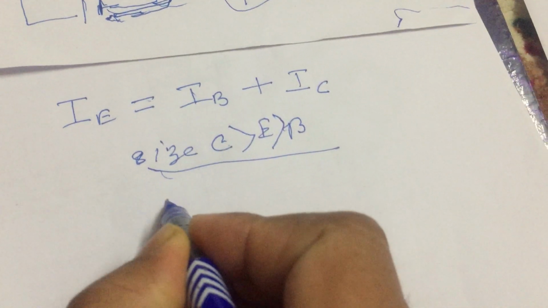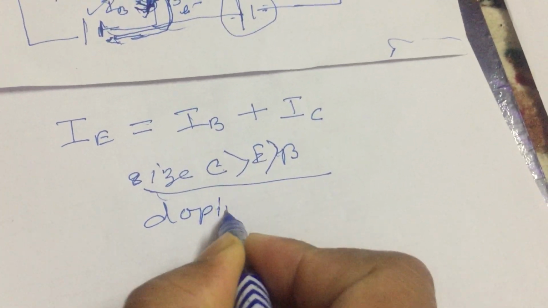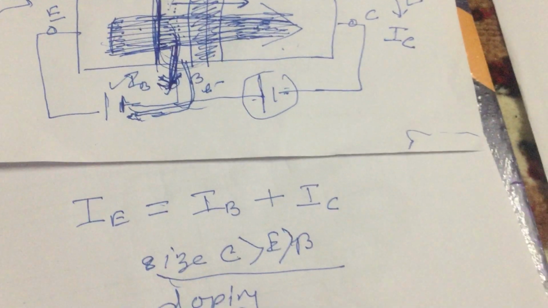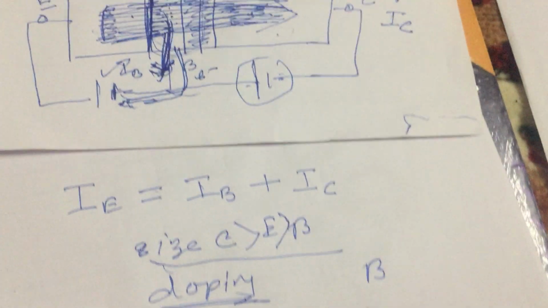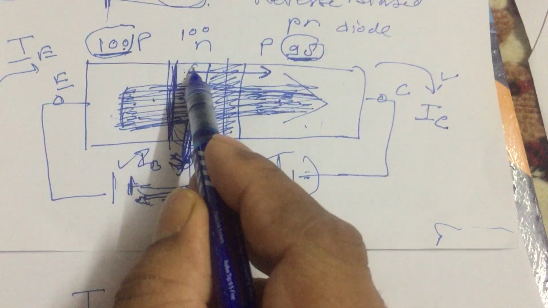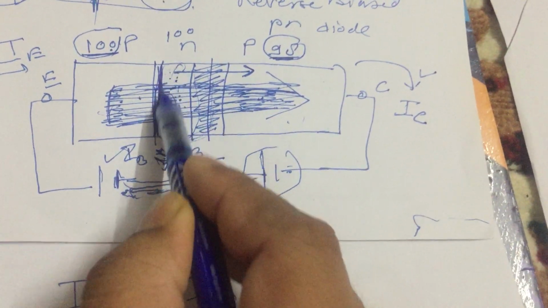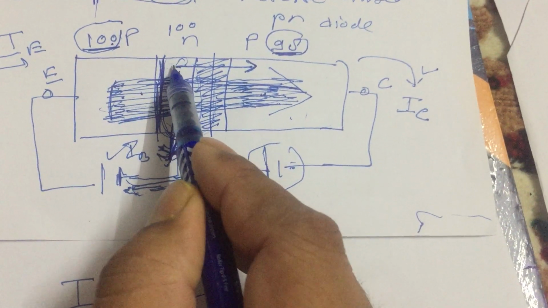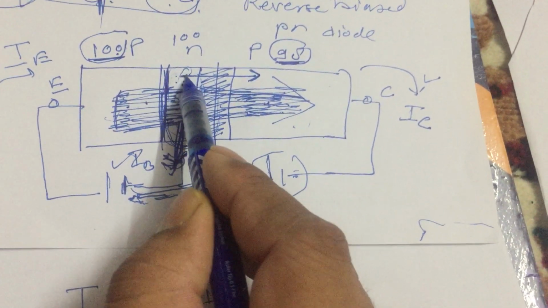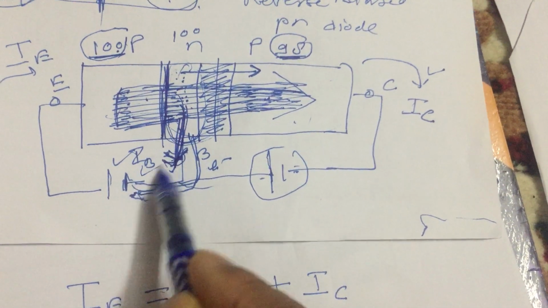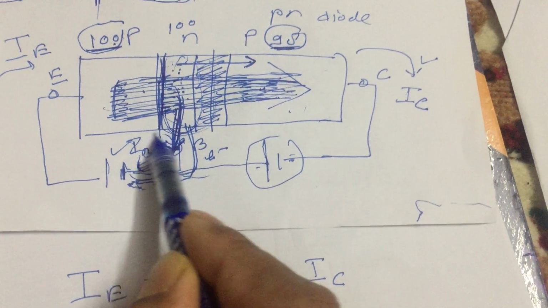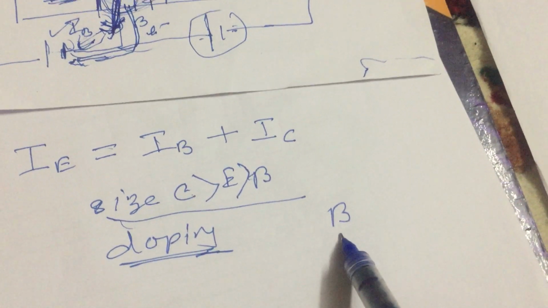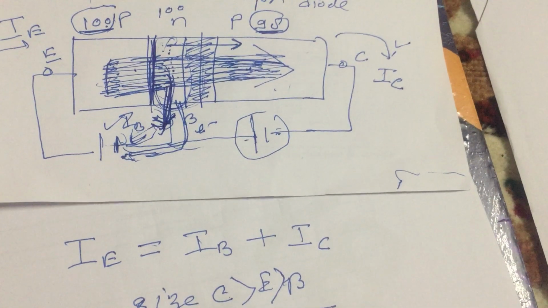Now second thing, we discuss doping. Doping is different. We put the least doping in the base region, because if doping in the base region is high, then there will be more recombination of electrons and holes and more base current. To reduce the base current, we put minimum doping in the base region.